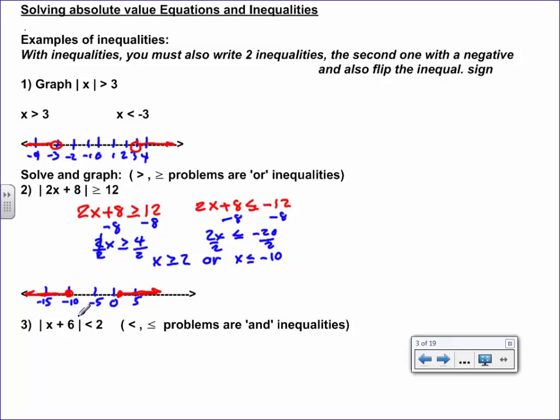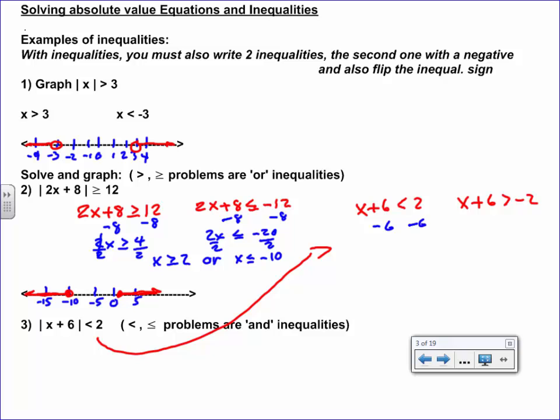Okay, if you have a less than problem, these are AND problems. And I'll go ahead and rewrite this one over here. X plus 6 is less than 2. And x plus 6 is greater than negative 2.